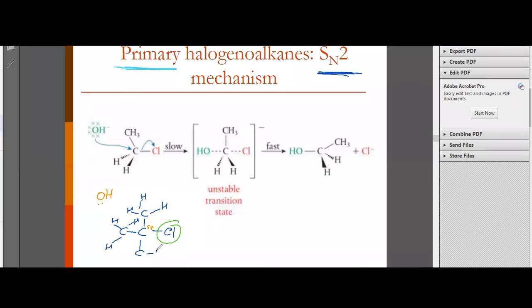Very bulky, right? No space for OH minus to reach this C positive.